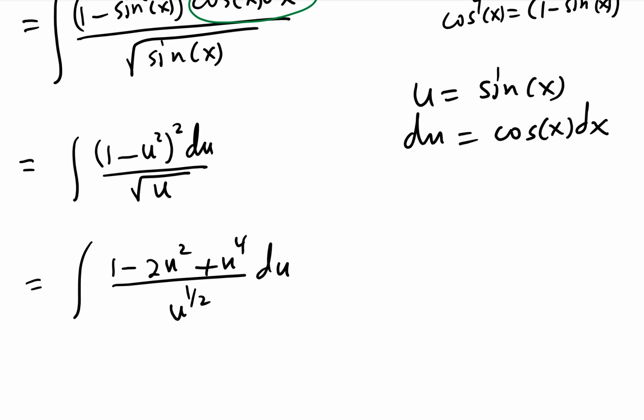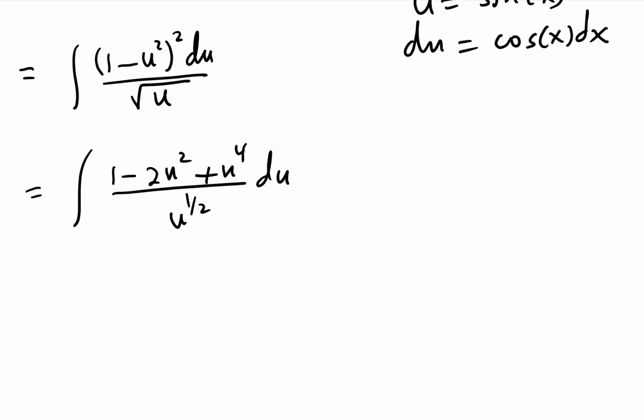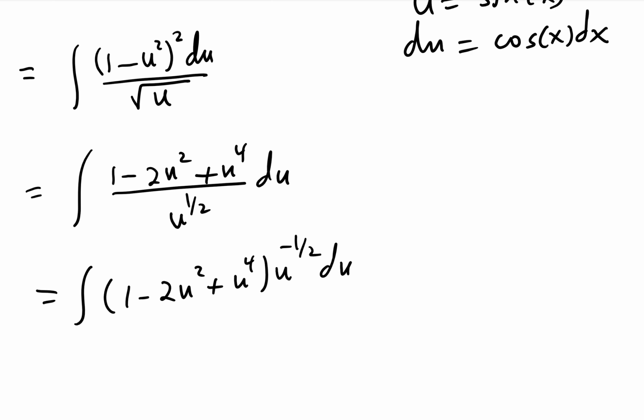Then there are many ways to proceed from here. One way is to rewrite that u to the 1/2 by bringing it up and then multiply. Or you can split, keep this the same, bring it up, becomes u to the negative 1/2.